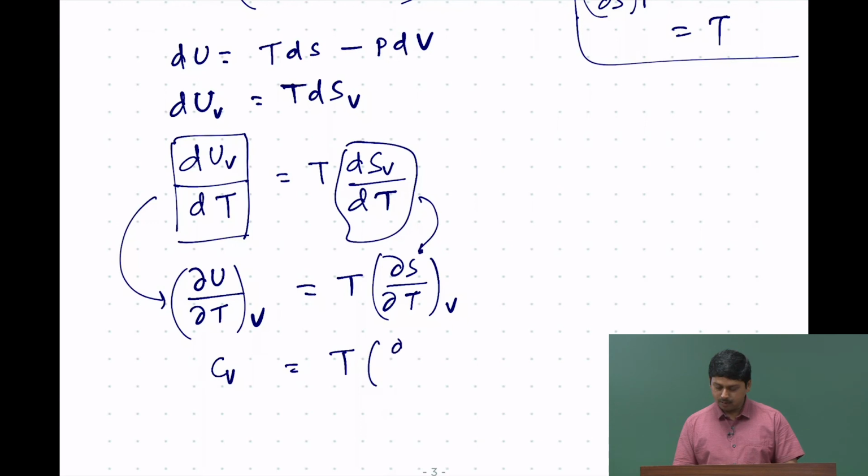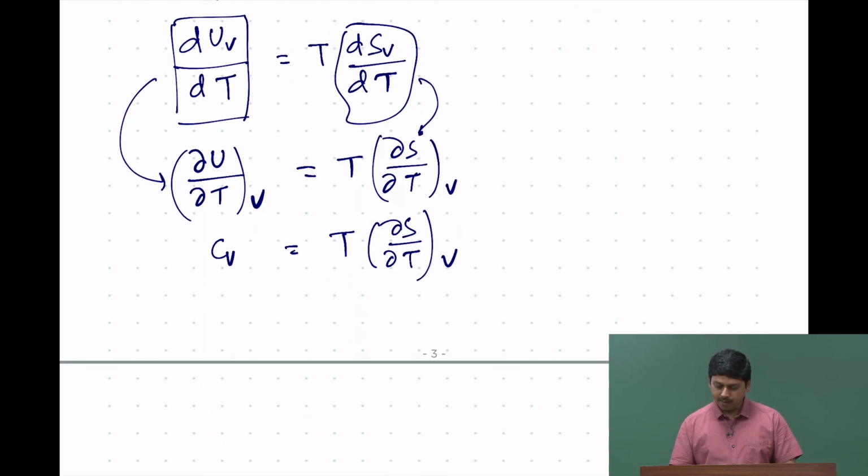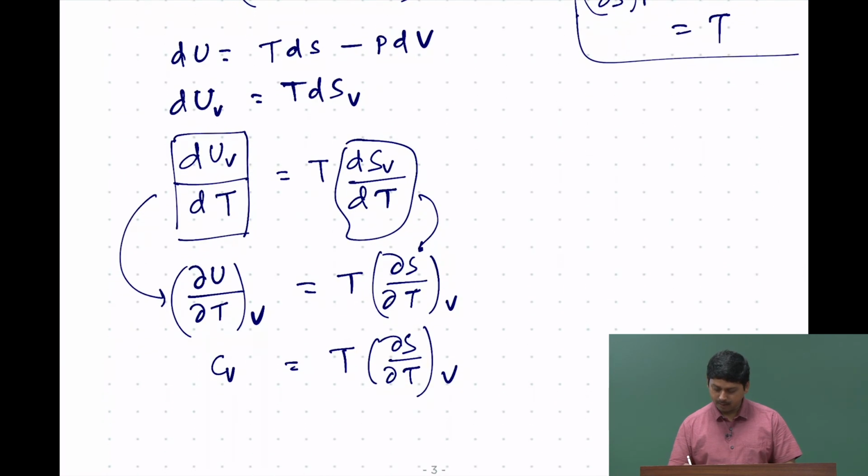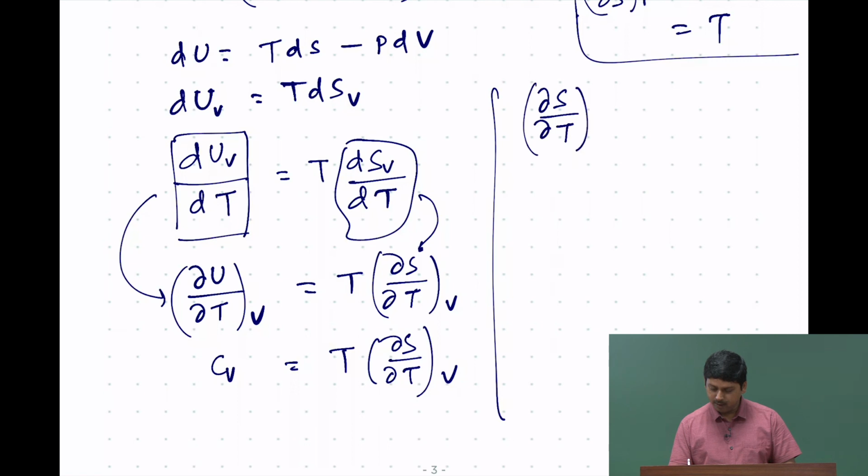Therefore, we can write that del S by del T at constant V is nothing but Cv by T.